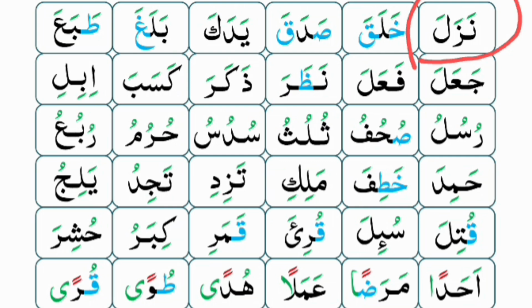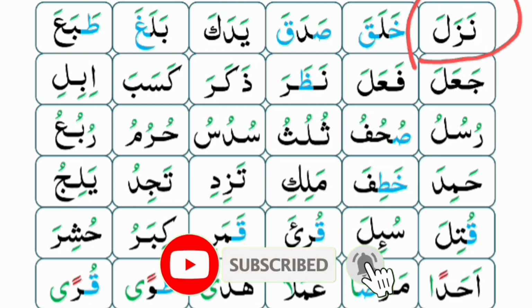The first letter is na, the next letter is za. Naza. The third letter of this word is lam. Lam has a fatha sign, so it sounds la. When we join the letters of this word, it sounds nazala.